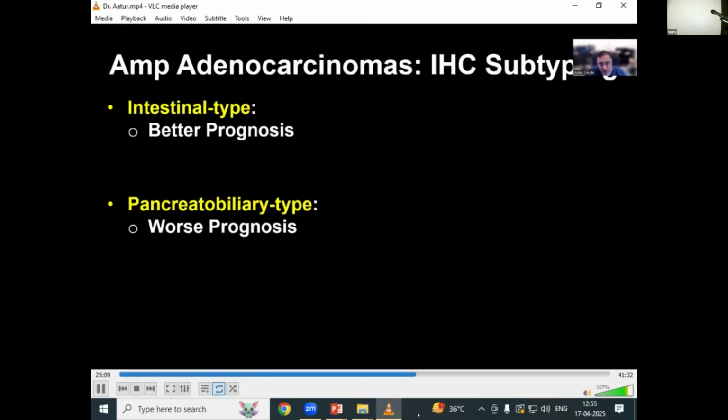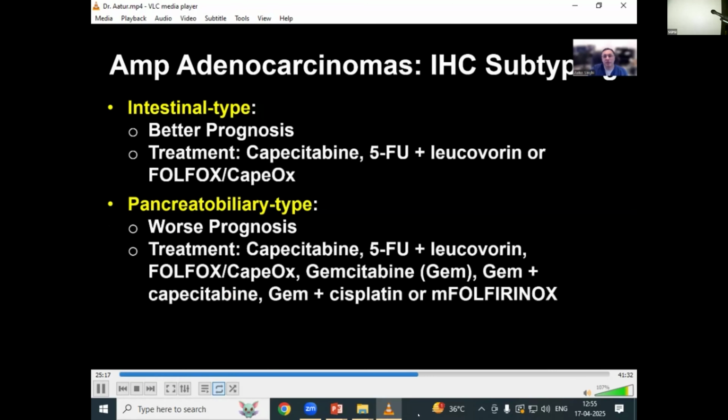And in fact, ampullary adenocarcinomas do not have an improved prognosis compared to other GI neoplasms. But there is something to be said when it comes to treatment, and specifically first-line treatment. For intestinal type adenocarcinoma, often these patients will receive a colon-specific regimen, such as FOLFOX or capecitabine with oxaliplatin.